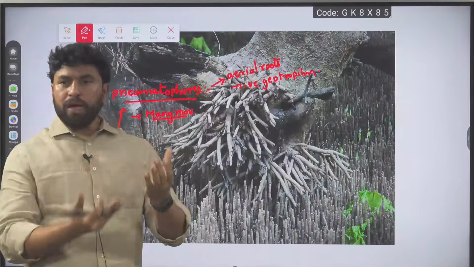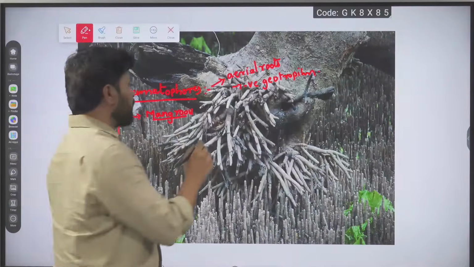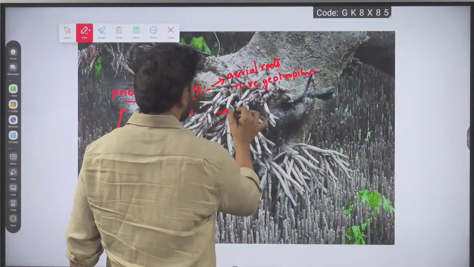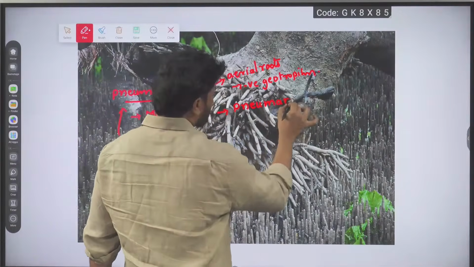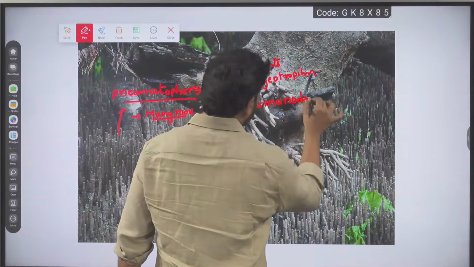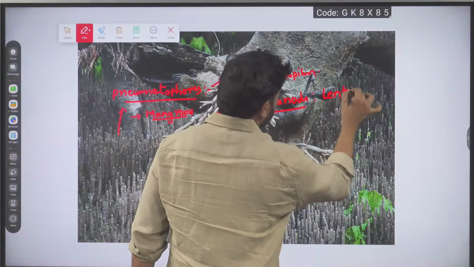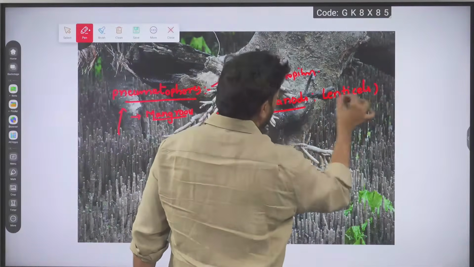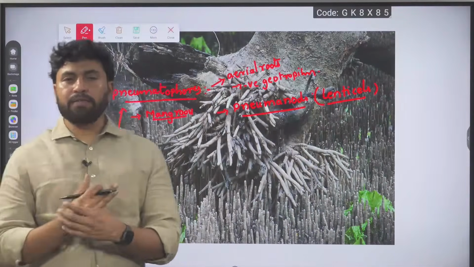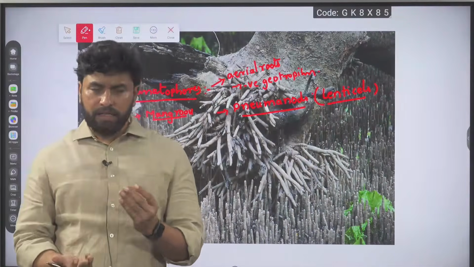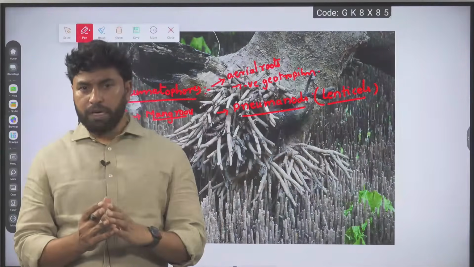These pneumatophores have special areas called pneumathodes. Pneumathodes means a variety of lenticels. You know lenticels? The gaps that exist in the bark of the stem are called lenticels. The same variety of lenticels are also present in these pneumatophores.